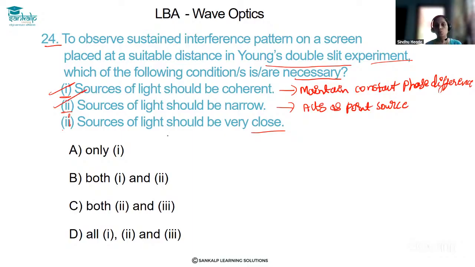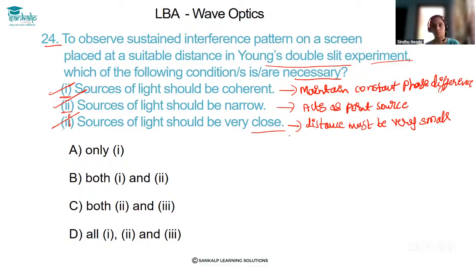Statement 3, sources of light should be very close. This is also necessary. Why? Because the distance must be very small. Why must this distance be very small?